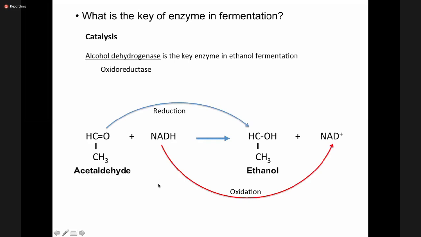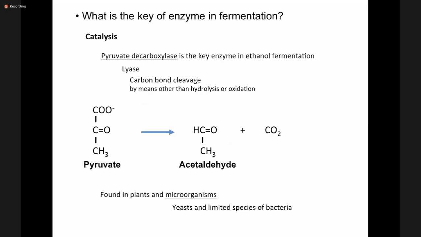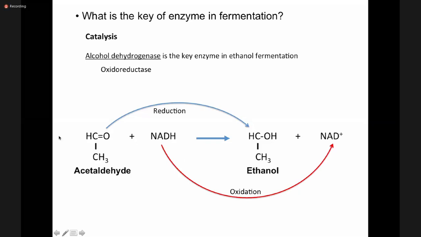Okay, and also if you produce acetaldehyde from pyruvate by removing carbon dioxide, this is acetaldehyde. Acetaldehyde should be reduced into ethanol like this. This part is reduced like this, and this is ethanol. Again, if you reduce acetaldehyde, you have to use NADH.